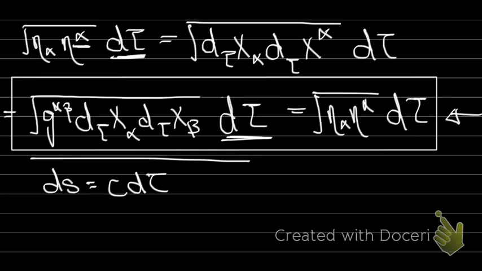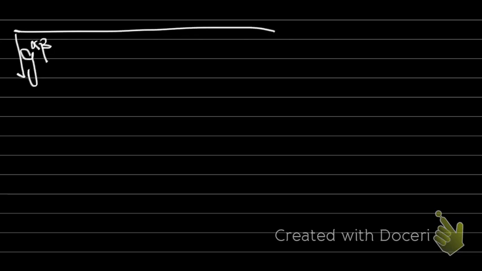So let's go on the next page and let's write it down here. So that would then become, under the root, g alpha beta ds. Now the derivative is taken with respect to s, and s is my c times d tau, right?